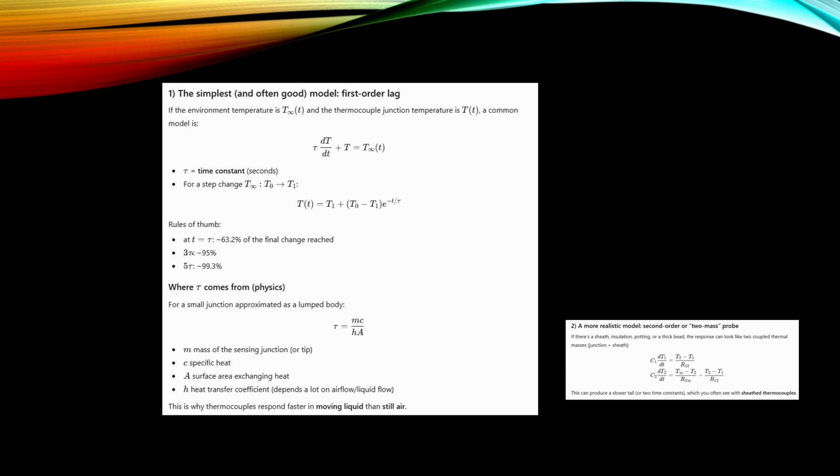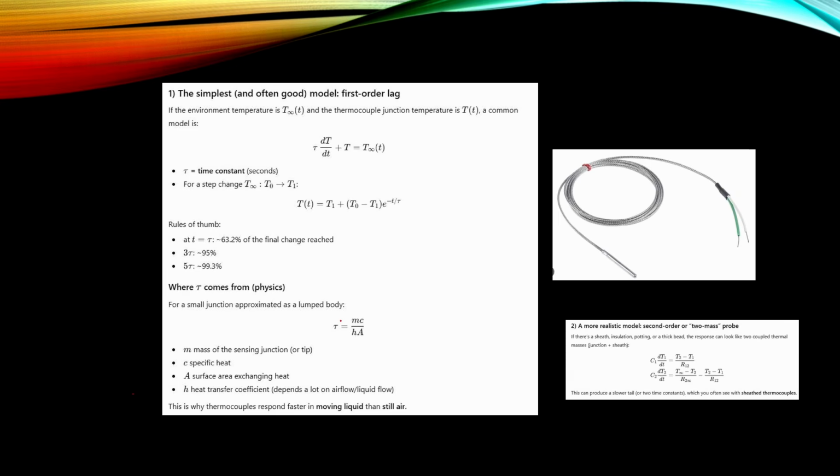And after 3 times this time constant, the change is 95% of the total change. And after 5 times this tau, this change in reading is around 99.3% of that temperature change in environment.